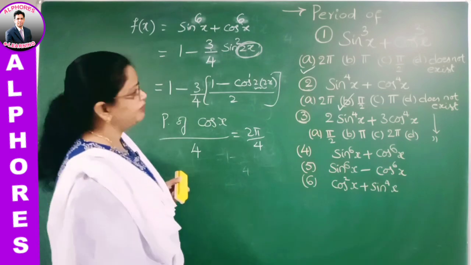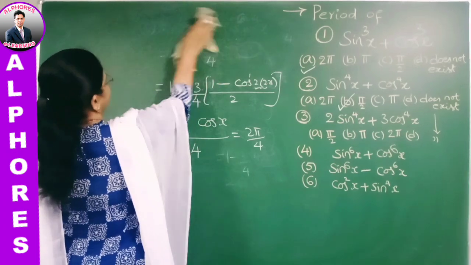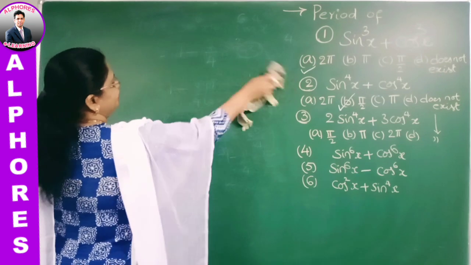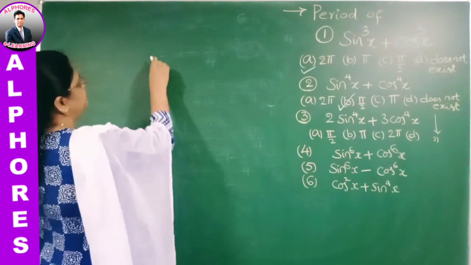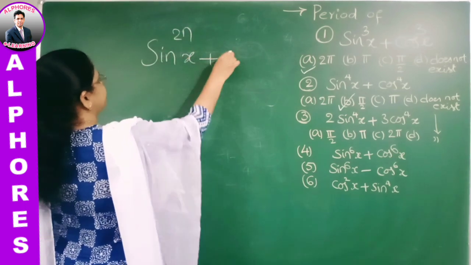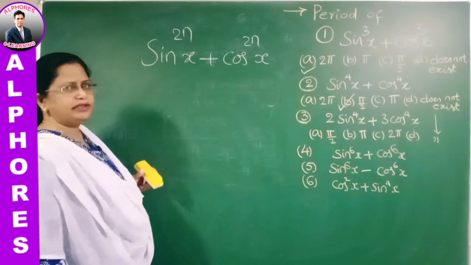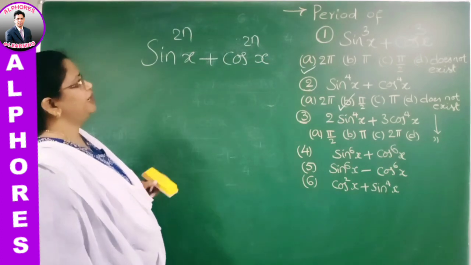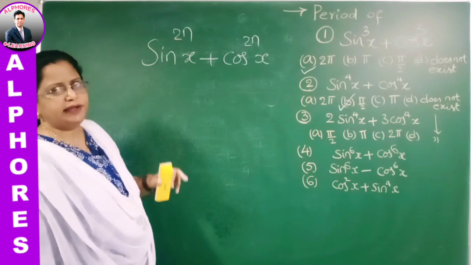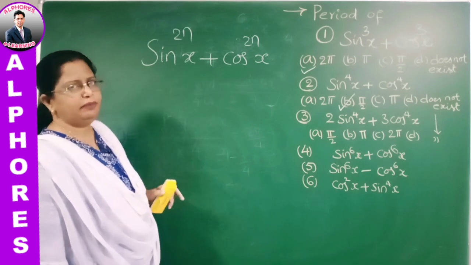So whenever powers are even powers, then directly instead of doing all these, just by observation you can notice the answer is nothing but pi by 2. Once even powers are there, sin to the power of 2n x plus cos to the power of 2n x, where n is an integer, that means a natural number. So once you got this kind of values, n is 2, 3, 4 etc. Understand? N is 1. Again you cannot decide the fundamental period here.